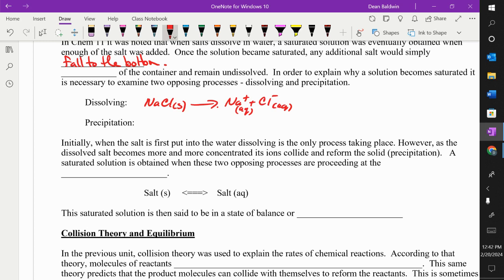All right. What is precipitation? Sorry? A solid is formed. So if it was this same reaction, it would be the reverse process.